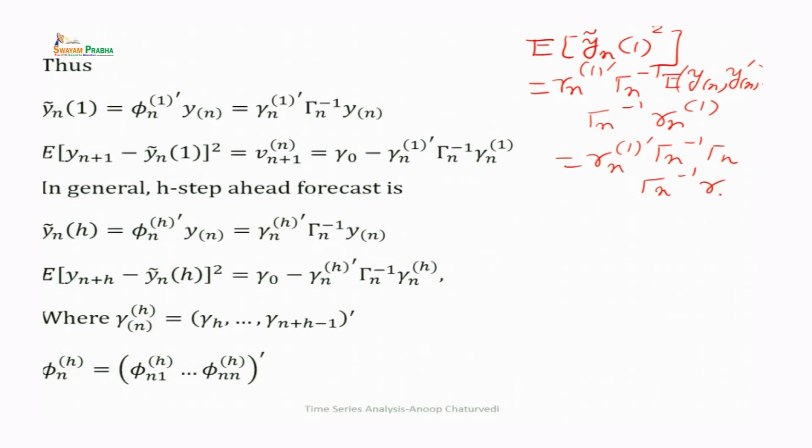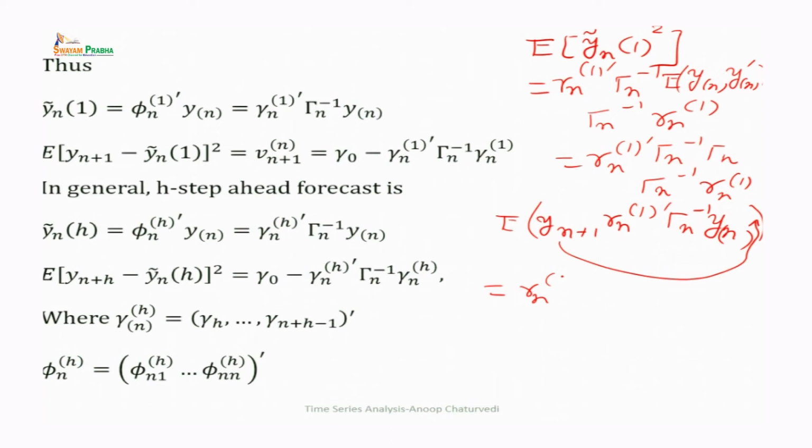inverse, gamma n 1. So you get this quantity, and then you have the cross product term, minus 2 times the expectation of y n plus 1, and then you write the value of this, and in expectation you just take y n plus 1 here, and ultimately you obtain the expectation of y n plus 1 equal to gamma n 1.